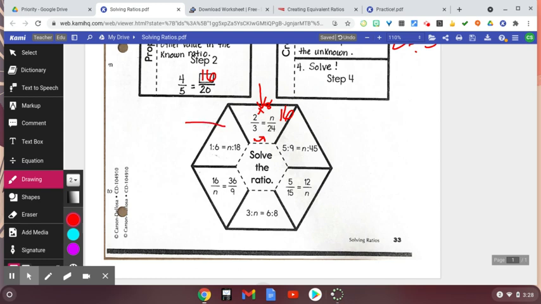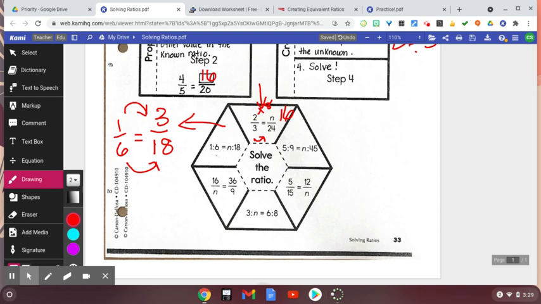If you take a look at this one, it's in ratio form, so rewrite it always as fraction form. 1 to 6 is 1/6, which is equal to some number over 18. If you know your multiplication facts, it's really easy. 6 times what equals 18? We know that's 3. So 1 times 3, so our missing value is 3.